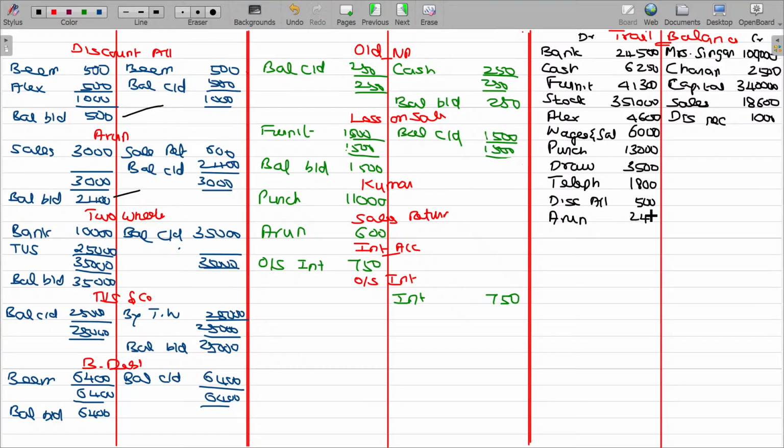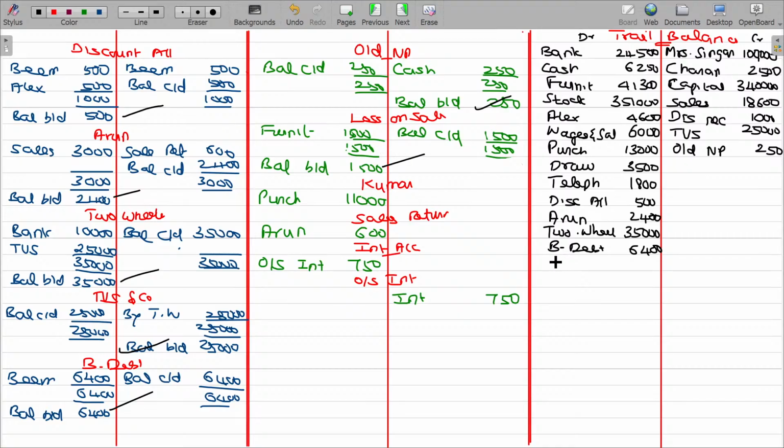And two-wheeler asset debit side 35,000. TVS and Co. credit balance, creditors 25,000. Bad debt loss debit side 6,400. Old newspaper sold credit balance 250.